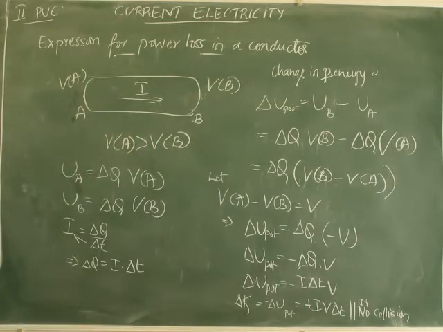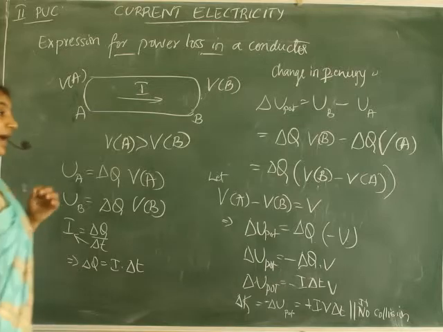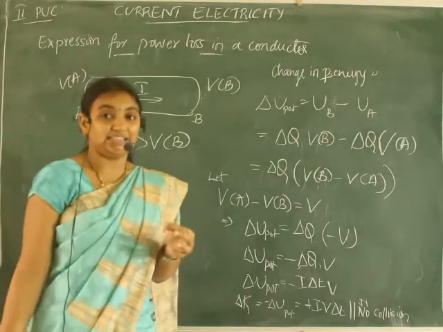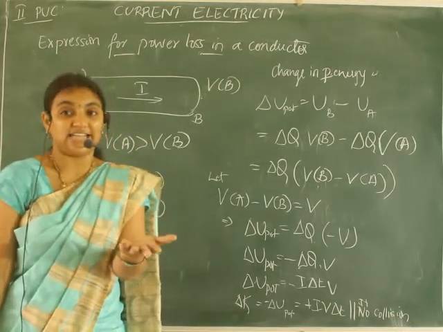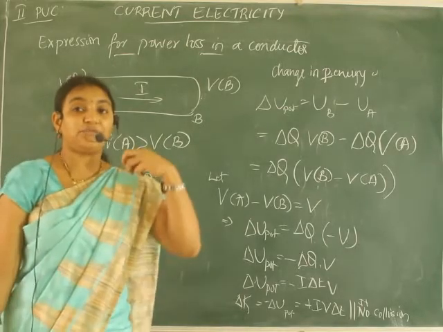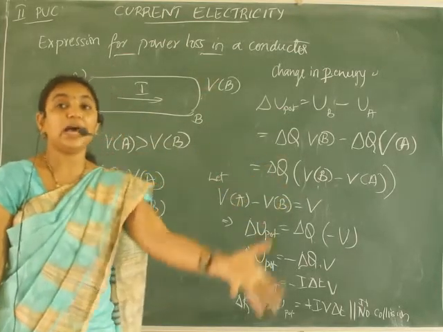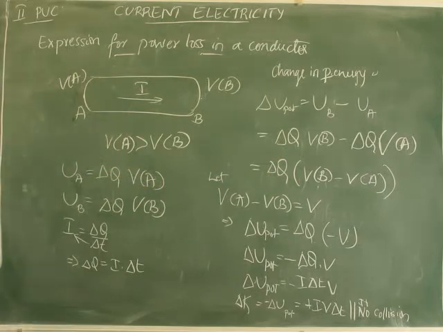But in reality, the charges will undergo collision when there is an electric field. During the collision, the energy gained by the charges is shared with the atoms. One atom, when it collides with another one, transfers its energy. So there is a transfer of energy, and the atoms vibrate more vigorously.